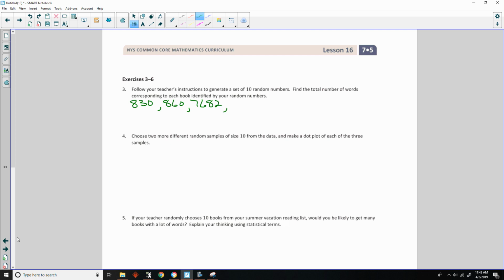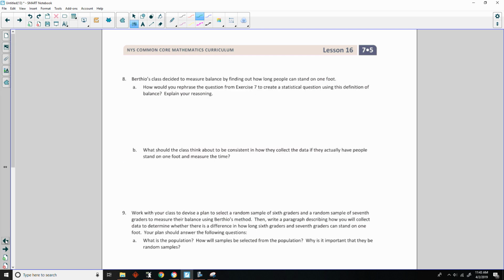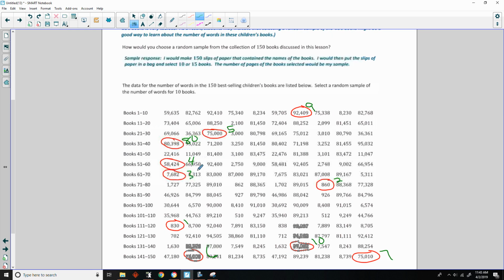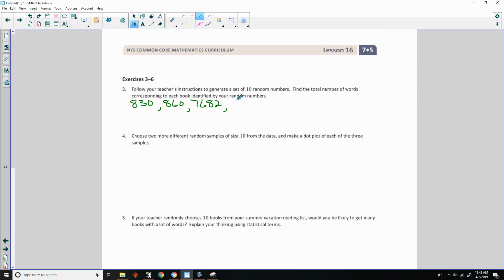And after that, 4. 58,424. Then the next ones were 75,000. And there were two of them. And then a 75,010. I remember that one. 3, 4, 5, 6, 7. So there's only 3 left.